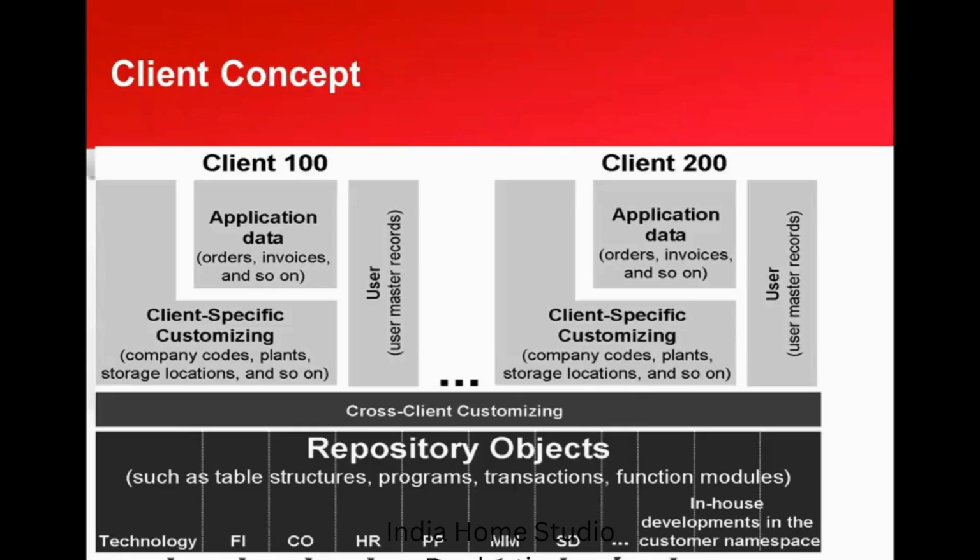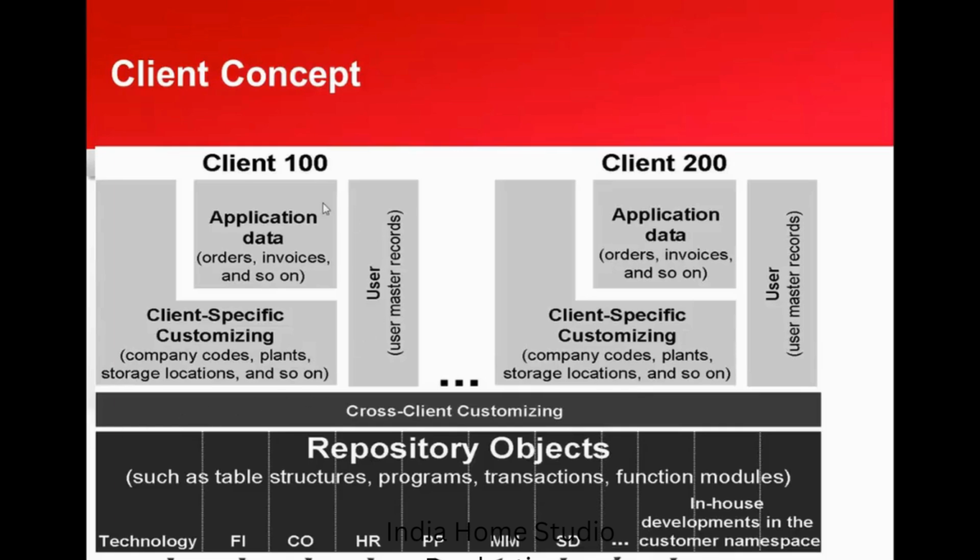Basically this is finance, controlling, human resources, production planning, materials management and sales and distribution. So this is the cross-client data, that is, across the clients this data remains the same.